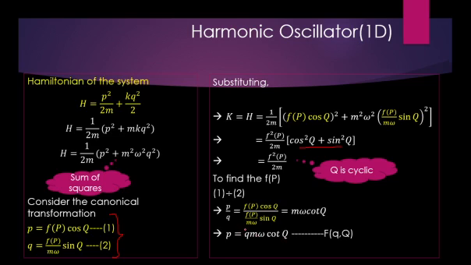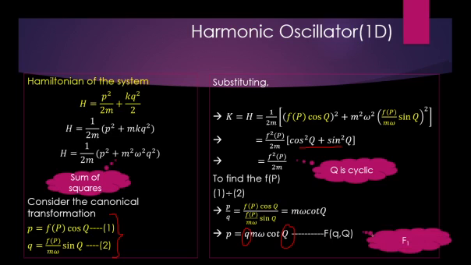So here you can see you have a relation which is a function of small q and capital Q. Which kind of generating function can give a relation that depends only on small q and capital Q? It is given by F1.